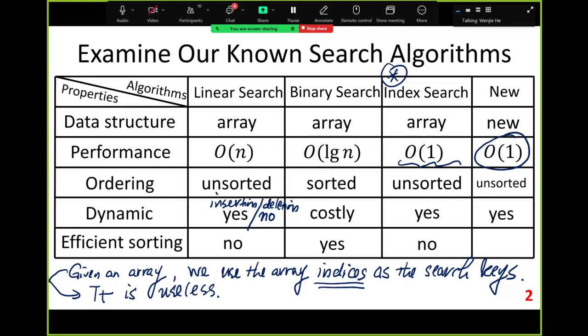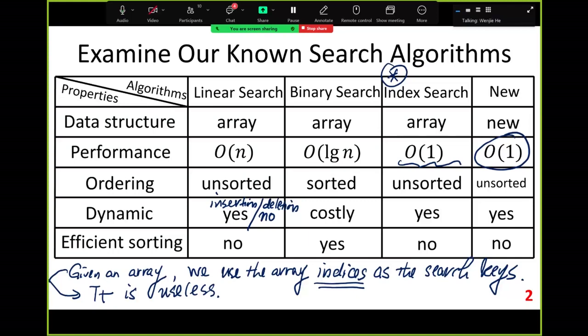Dynamic: this property is important. So we need to make our new data structure support dynamic data, with efficient deletion and insertion. As for efficient sorting, because we do not consider order in this data structure, it's not easy to provide ordered data, so sorting is also very expensive.